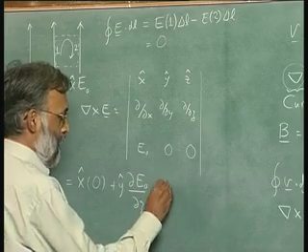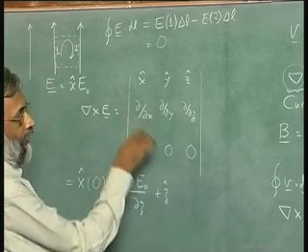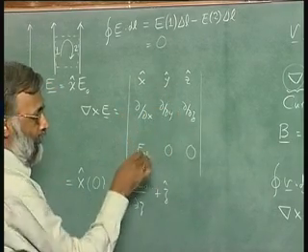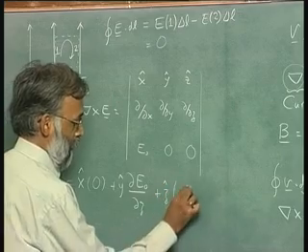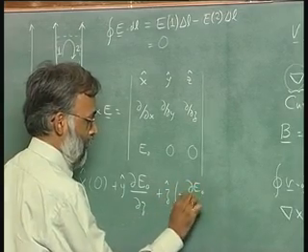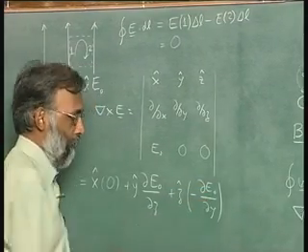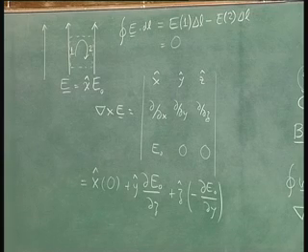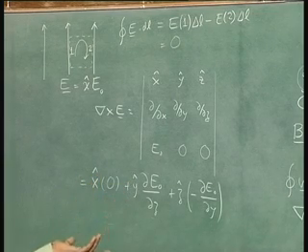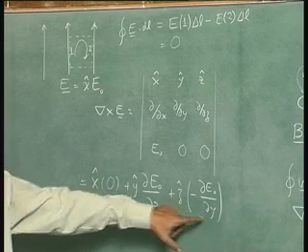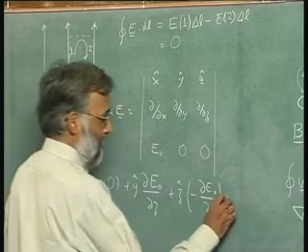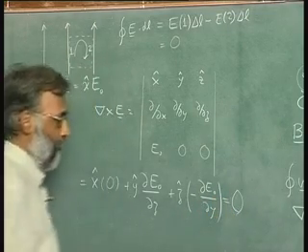Then I have for z hat del del x of 0 minus del E naught del y. But E naught is constant, so it has no derivatives, and so this becomes 0.